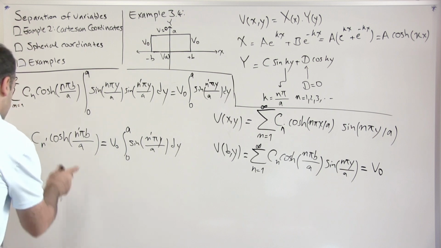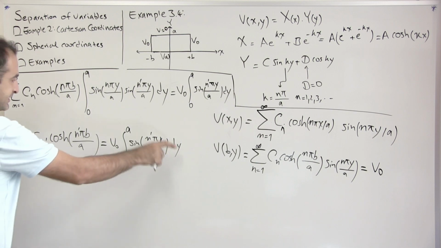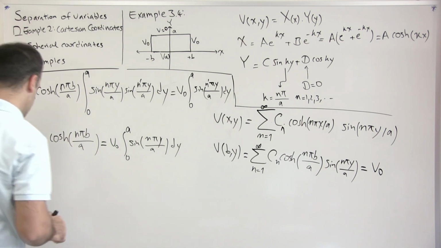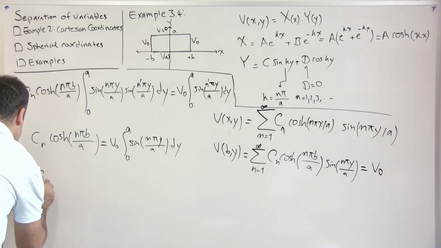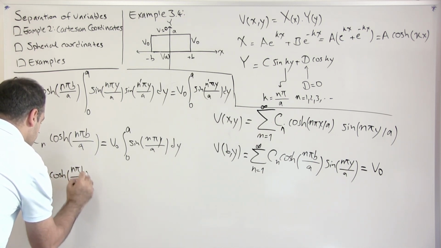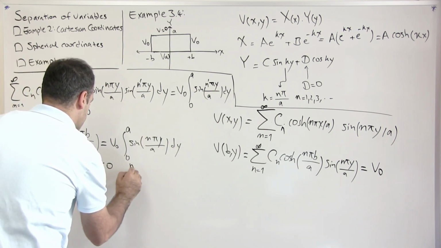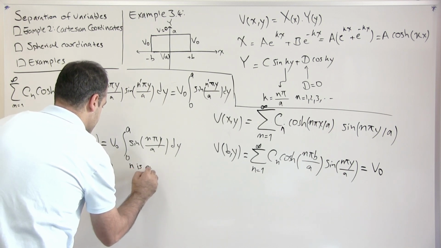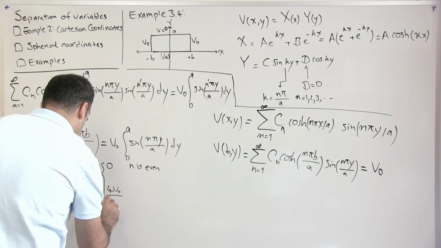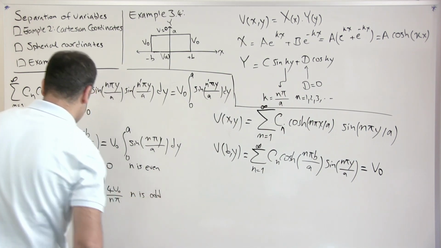So combining this side, I'm going to drop n prime here because in this equation we only have n. So let's get rid of the primes and write everything as a function of n. Here we get Cn cosh n pi b over a is equal to 0 for n values that are even, and we get 4 v naught over n pi for the values that n is odd.